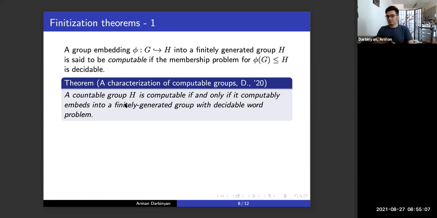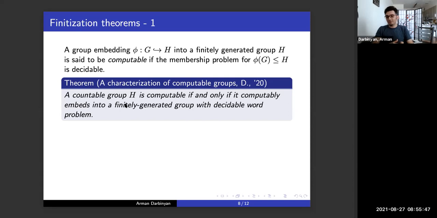So one more time, I would like to emphasize that in geometric group theory, we are mostly interested in finitely generated groups. And in the context of computability theory, we can consider groups of arbitrary cardinality. And finitization gives a link between the concepts that are defined, in this particular case that I would like to discuss here, for countable groups, and it redefines them or translates them into the language of finitely generated groups.